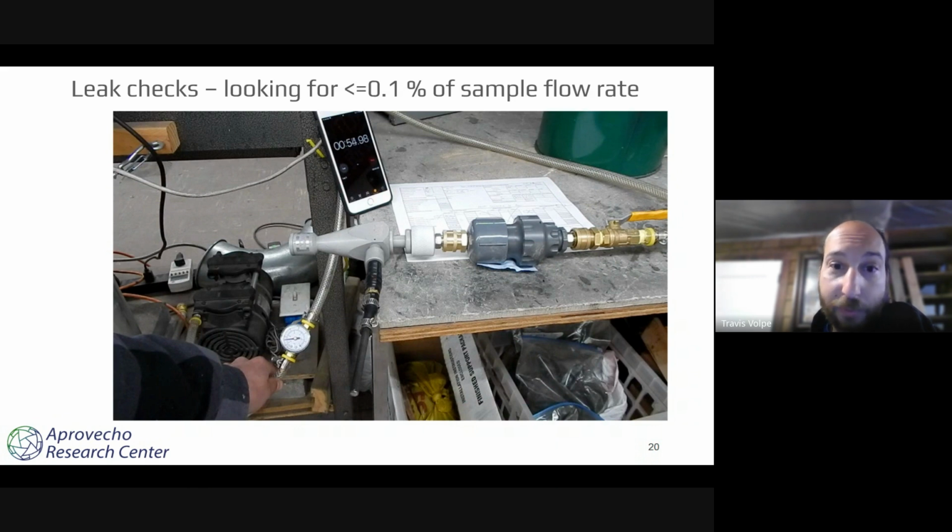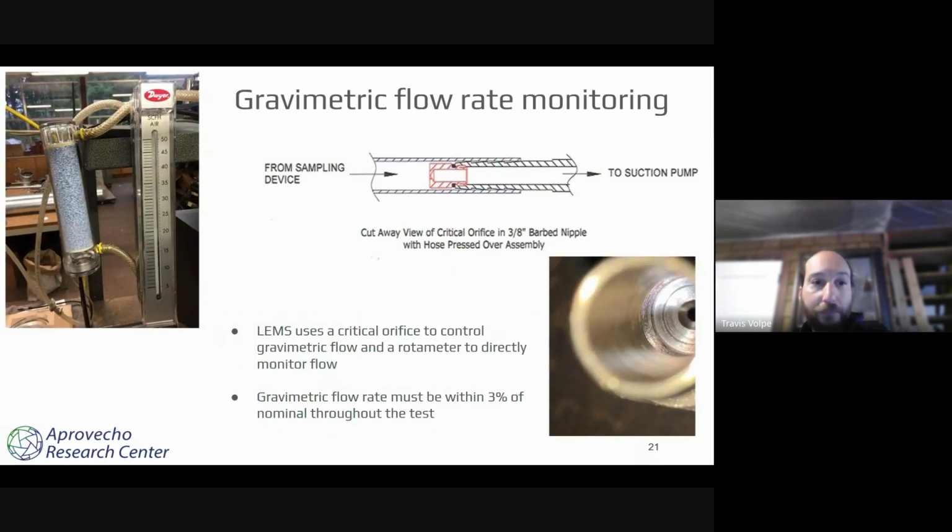Leaks of anything greater than just 0.1% of the sample flow rate would result in a failure of the test. So even a small leak can drastically affect the data gathered. If we do find any leaks in the system, it's important to do this before performing a test so we can address the leaks and ensure quality data.